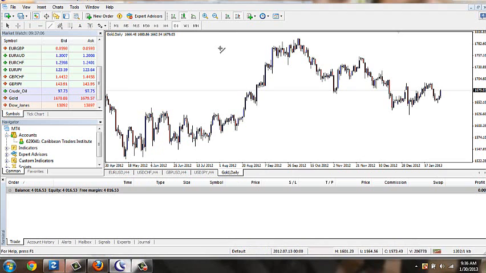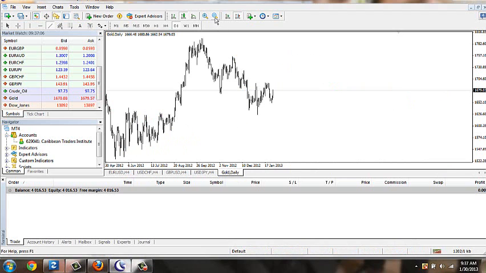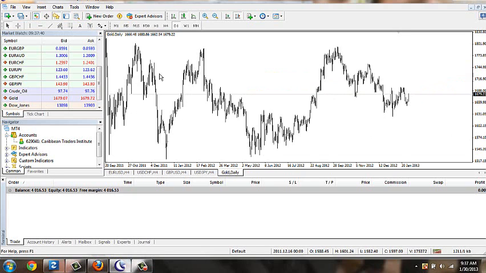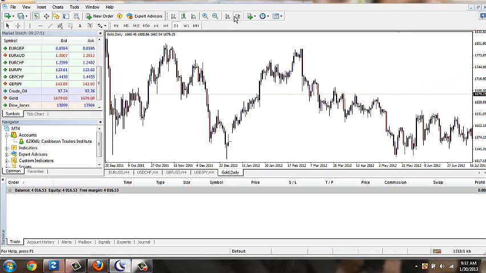So you're able to track the trend of a currency or a commodity by using what is called a trend line, right? So just to have an idea of where the trend is coming from, to know where it's going, we're going to use what is called a trend line. Everything is explained in our course.